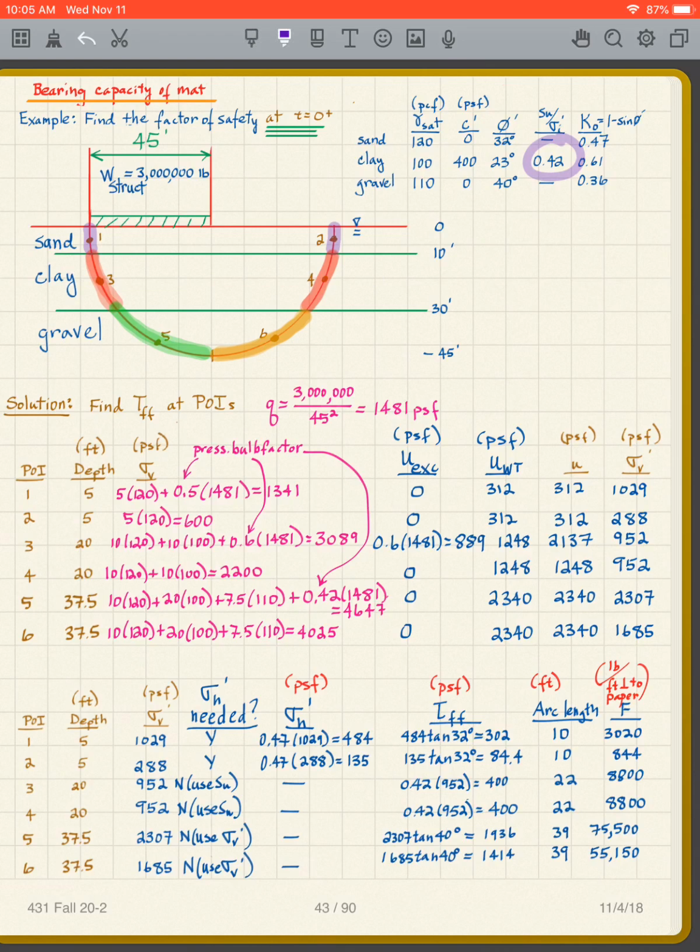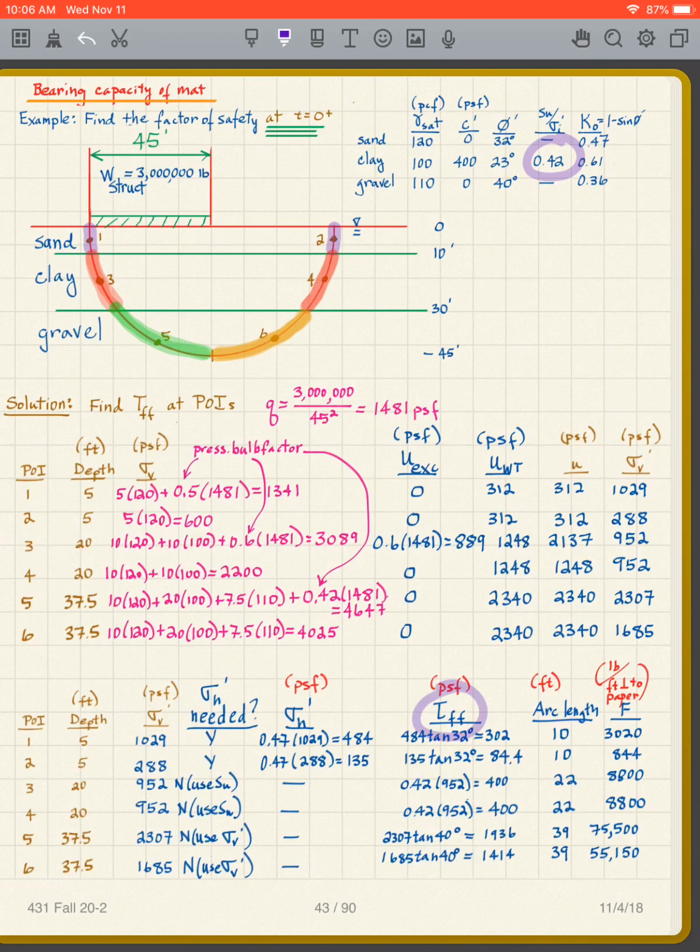And now we have our arc length. What's our arc length? Well, I want to know what's my distance along this arc. And I'm not going to do the geometry, but you can draw it to scale. You can do whatever you want. But we get those arc lengths. And then this is the arc length. We're going to take 1 foot perpendicular to the paper.